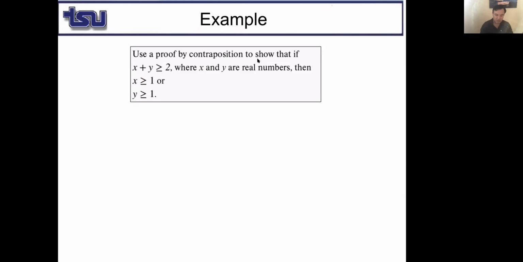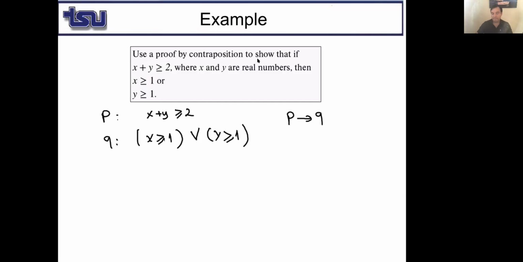So here, first let's write P is x plus y bigger than or equal to 2, and Q is x bigger than or equal to 1, or y bigger than or equal to 1. So this is P, and we are asked to prove that P implies Q is true.